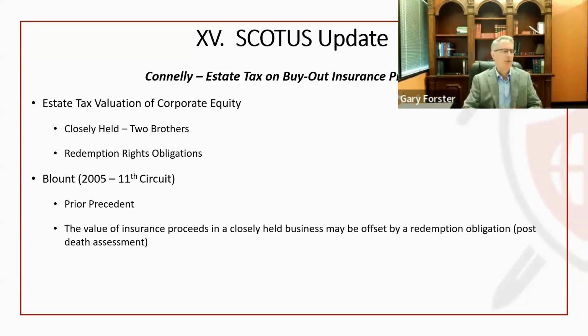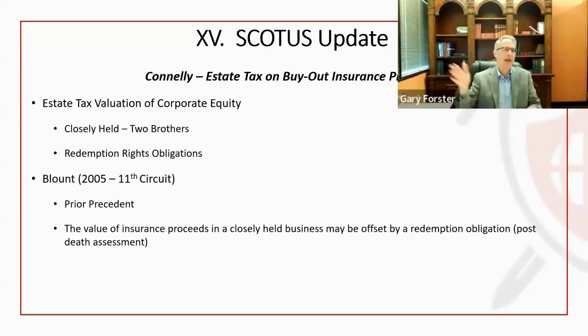It doesn't count. You can offset the value of life insurance that the company got because they had to buy you out. It was always kind of a questionable decision because the life insurance on the asset side goes up in terms of the corporation, right? Even though there's an obligation to buy out the exiting shareholder, the deceased shareholder, it's still an asset.